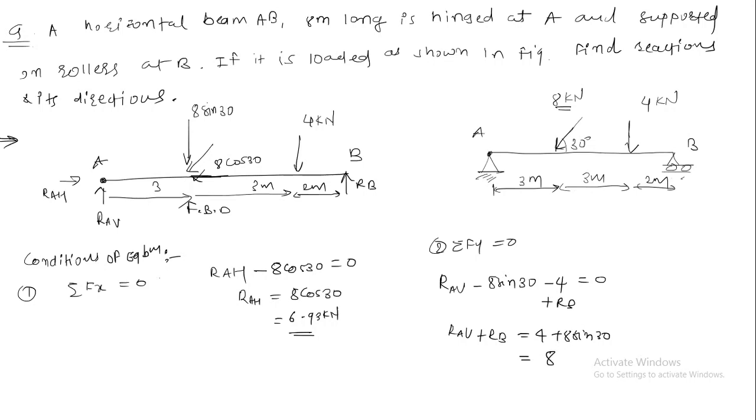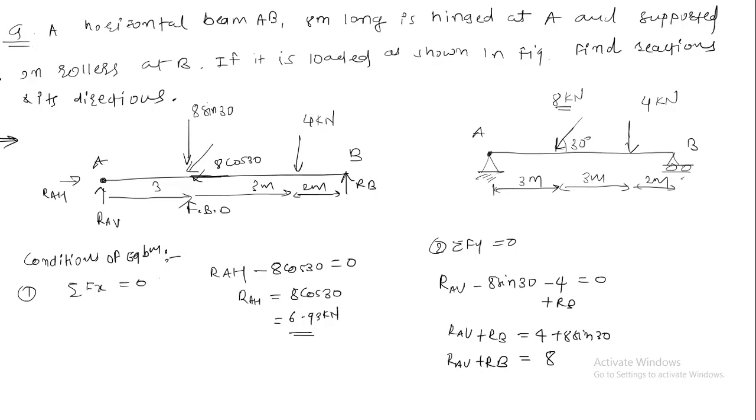So RA vertical plus RB is equal to 8. I hope you understood till this point.